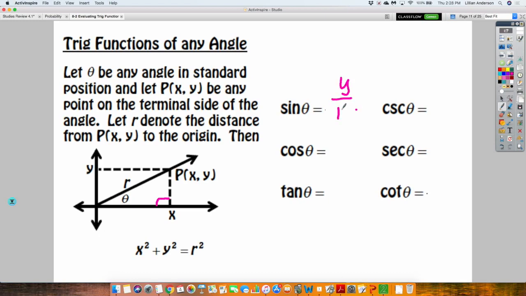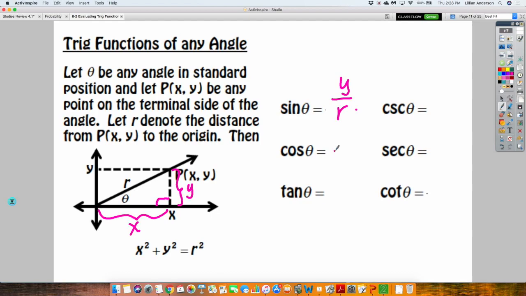Do you understand why I got Y and R? X represents that horizontal distance. Y represents that vertical distance of this point, whatever it is. So normally, sine would be opposite over hypotenuse, but in the context of being inside of a coordinate plane and an angle is in standard position, it's Y over R.